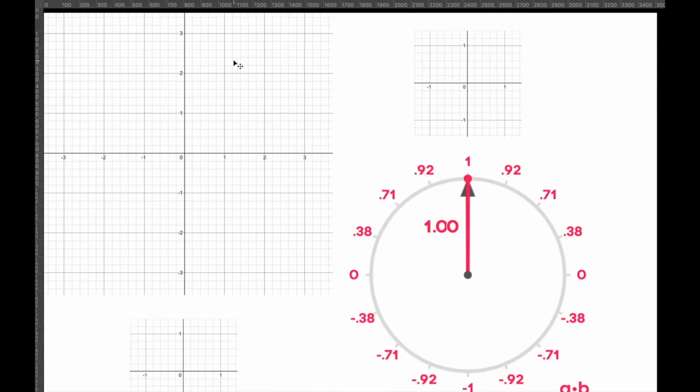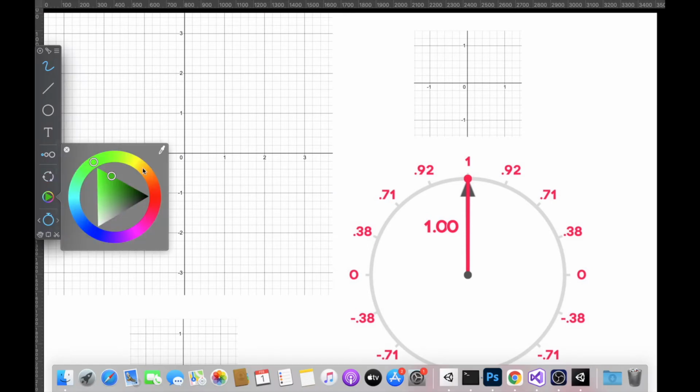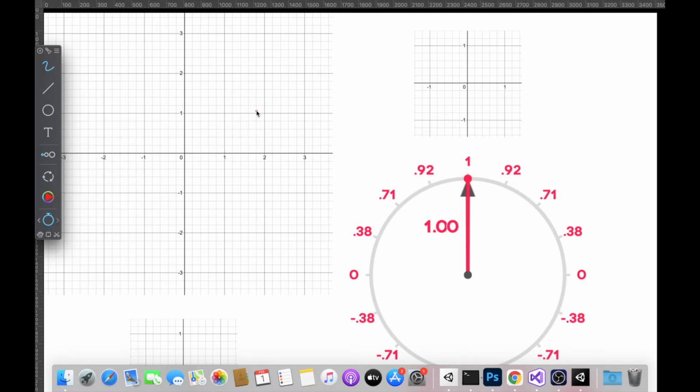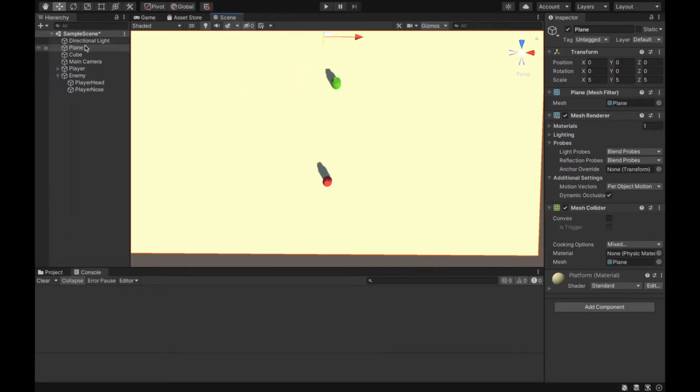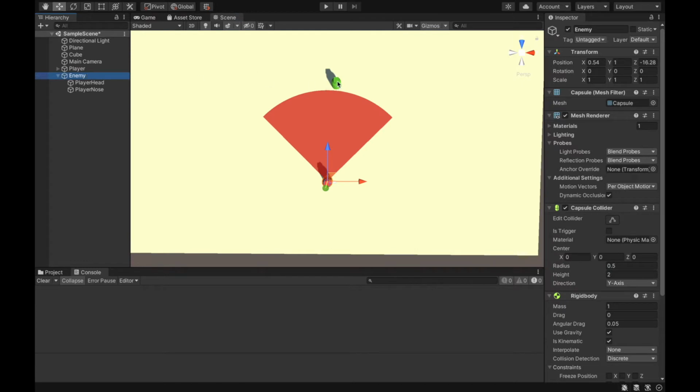All right, so let's imagine I will change the color to red so it's more visible. So as we had it in our game, let's say our enemy is somewhere. Let's say the enemy is here. All right, the enemy is here. And let's place the player somewhere close to the enemy, so it's easier to imagine this. Let's place the player somewhere in this detection range.